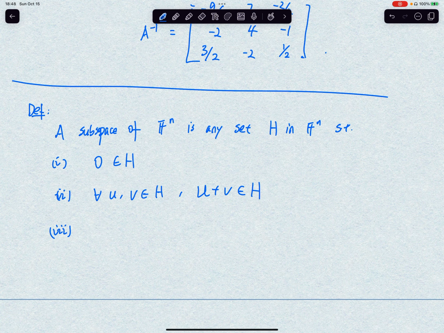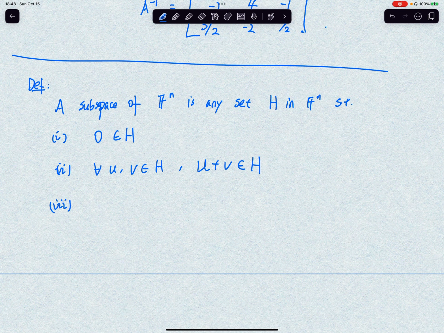So that is, the vector addition is closed under this subspace. It contains the zero vector, and it is also closed under scalar multiplication. That is, for all u in H and for all alpha in our field, we have that alpha u lives in H as well. So in words, as I just said, a subspace is closed under addition and scalar multiplication.